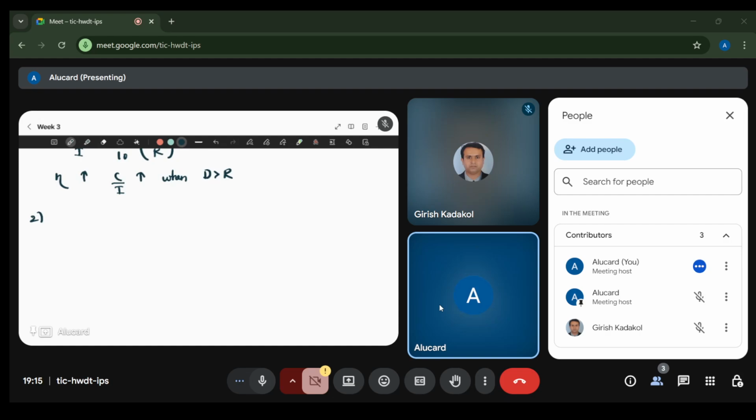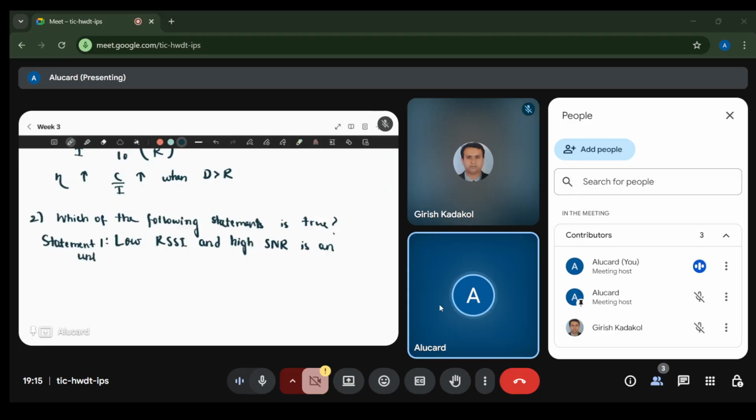Question number two, there are two statements, and we have to tell which of them is true and which of them is false. Which of the following statements is true? Statement 1 says low RSSI and high SNR is an unlikely scenario.